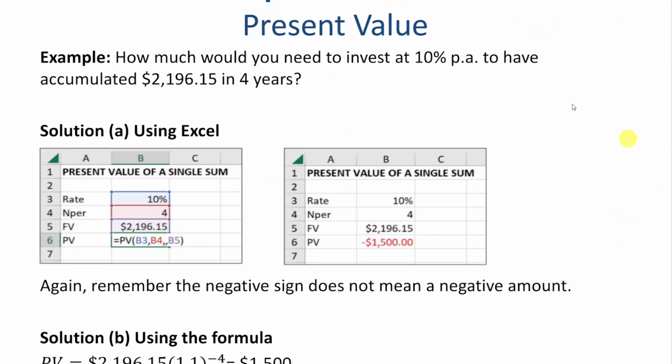So using it in a question, if you have 10% per annum, 4 years investment accumulated for a future value of 2196.15, your formula will be 2196.15 divided by 1.1 to the power of 4, which is 1500.